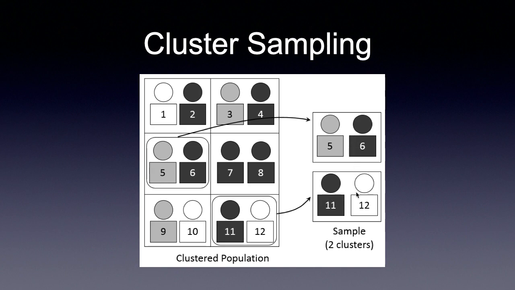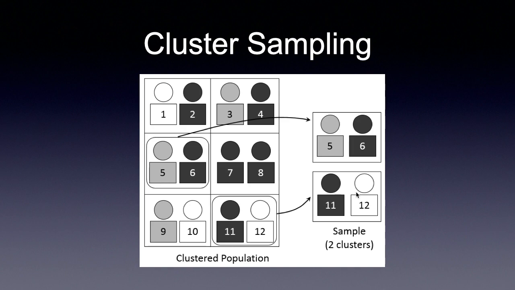So these 2 clusters here will form the sampling. When you choose a cluster, you go into that whole cluster, and one thing you can do is sample all the subjects in each cluster, or you can do a little simple random sampling.